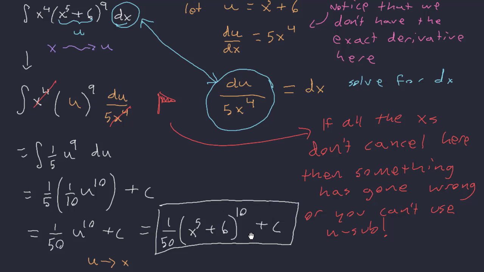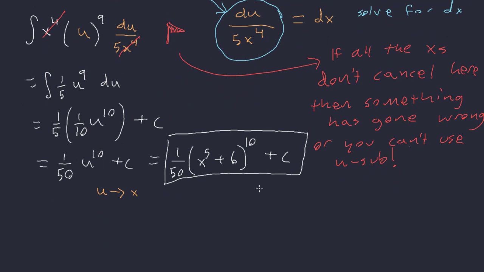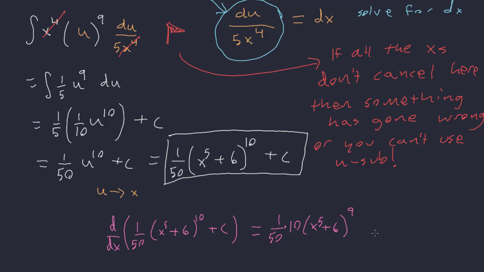If we wanted to double check this real fast and differentiate it, the 1/50th would come along for the ride, and we would apply the chain rule. We'd move the 10 down, leave the inside alone, raise it to the 9th, then multiply by the derivative of the inside, which would be 5x to the 4th, and the derivative of the plus c would be plus 0.